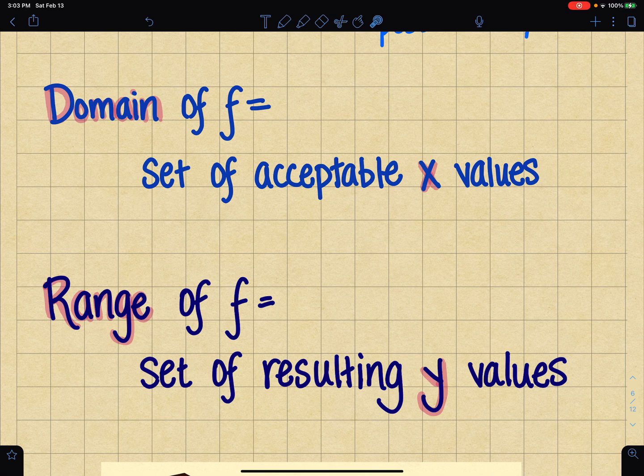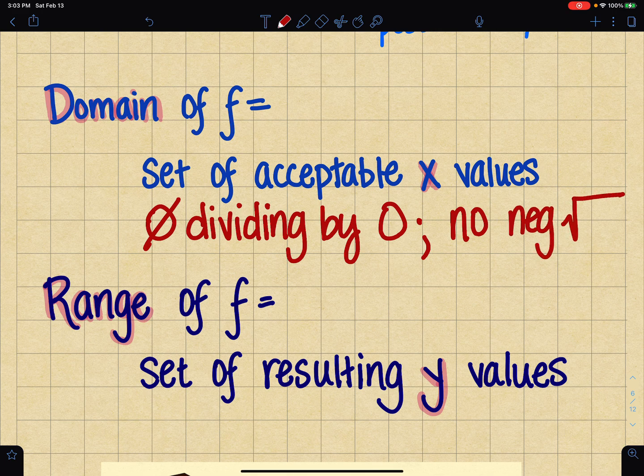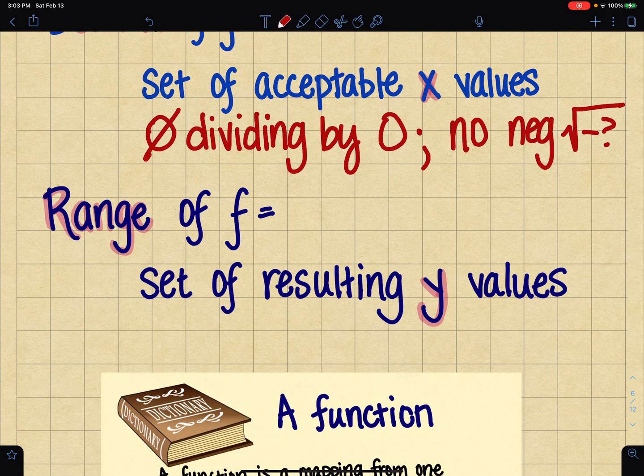The only thing that it can't be, remember the rules: no dividing by 0, and what else? No negative square roots. Okay, so you can't have a negative in there. And then what's the range? The range is going to be all the y's, the set of resulting y values.